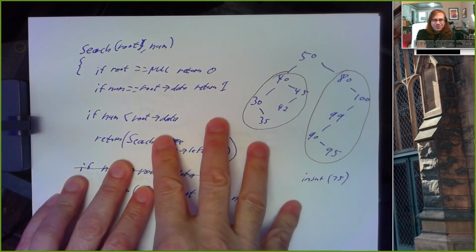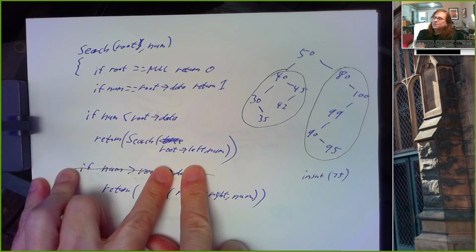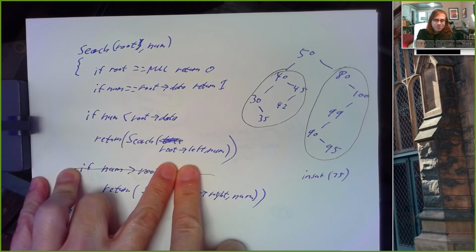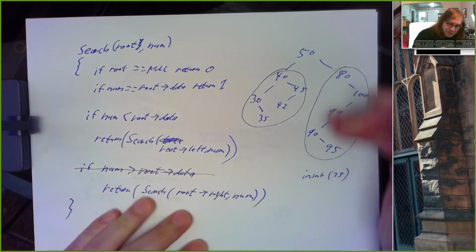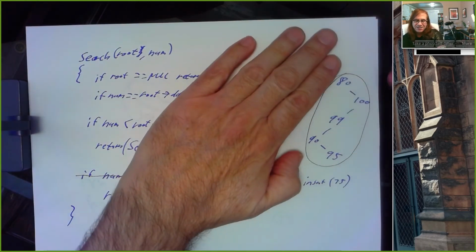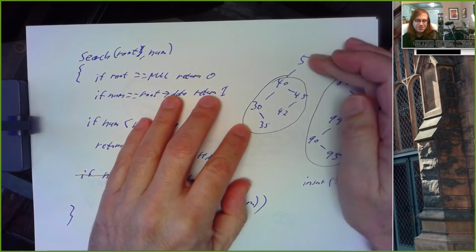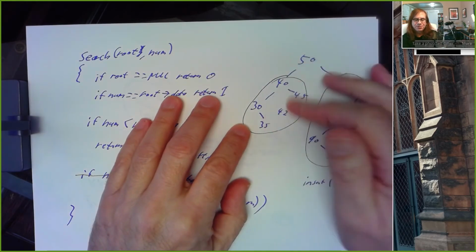For a tree, right, each time that we call our search function, we call it on a subtree, which is either the left or right child of our current tree. Well, when you go from a tree to a subtree, what happens? The height decreases. So remember, the height of the tree was the maximum depth of a node.